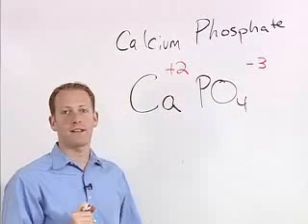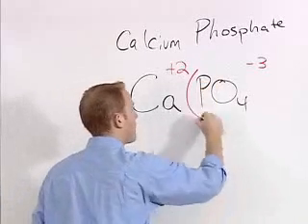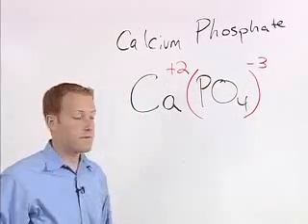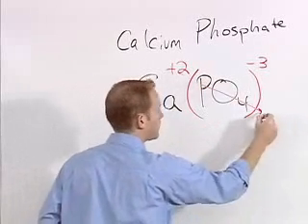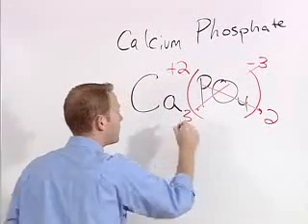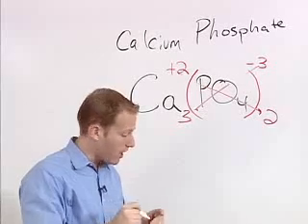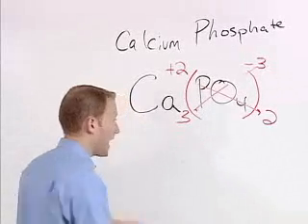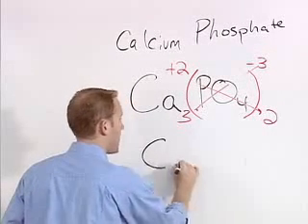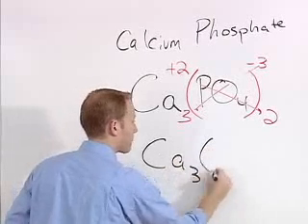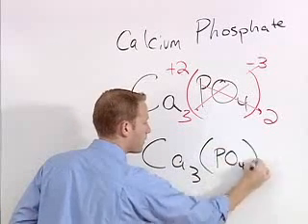The trick with polyatomic ions is the parentheses. Because remember, if you're going to put a 2 down here and a 3 down here, you need to have the 2 in front of the whole phosphate. And they would try to trick you. The answer here would be Ca3(PO4)2.